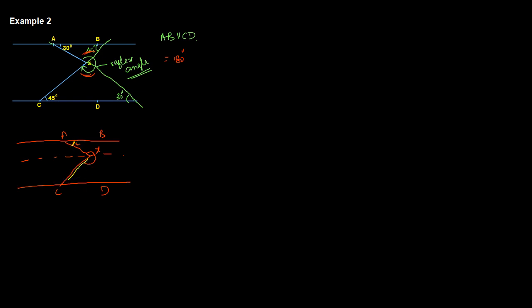So if this is 30, this is going to be 30. If this is 45, now forget about AB. If this is 45, alternate interior, this is going to be 45. So the angle here is 30 plus 45, so actually going to be 75.